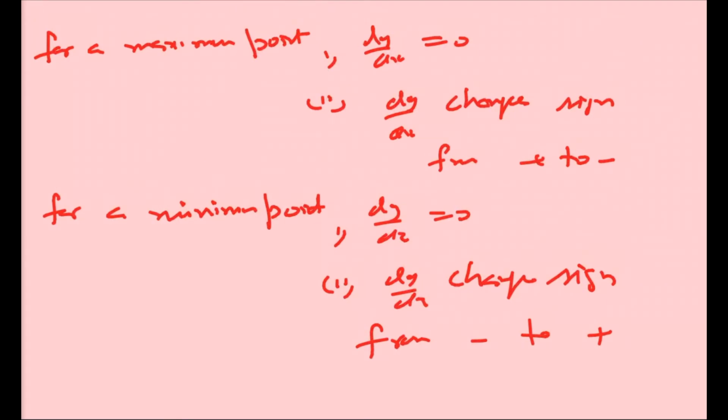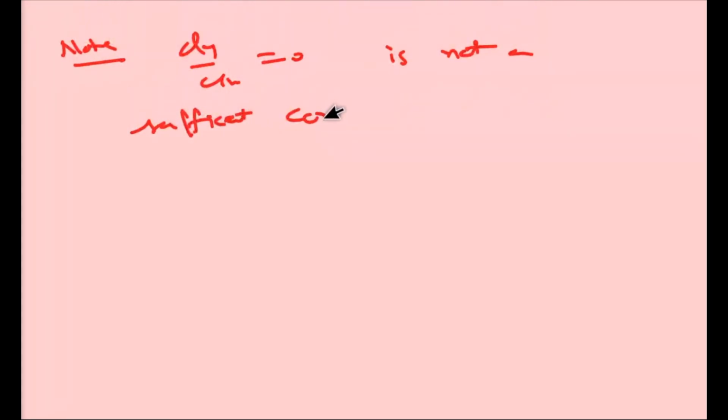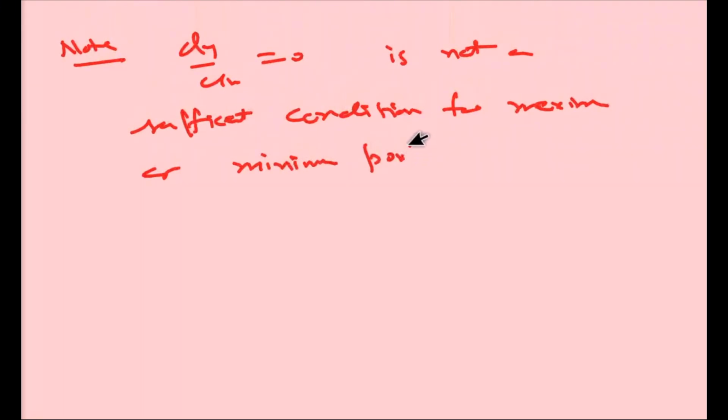Now student, is dy by dx equal to 0 a condition that is enough? No. Note, dy by dx equal to 0 is not a sufficient condition for maximum or minimum point.